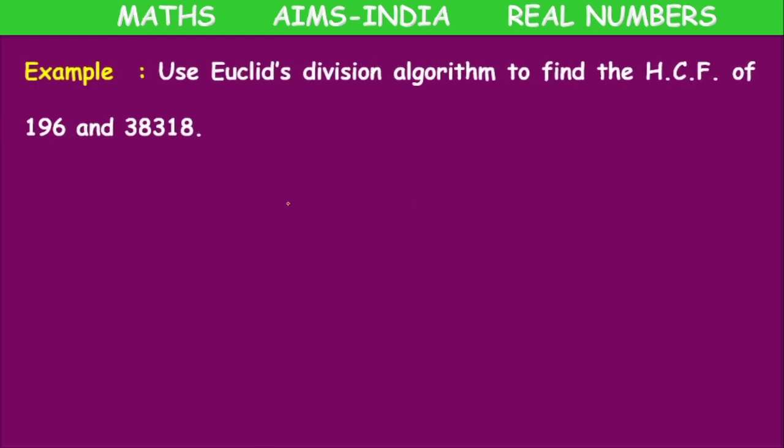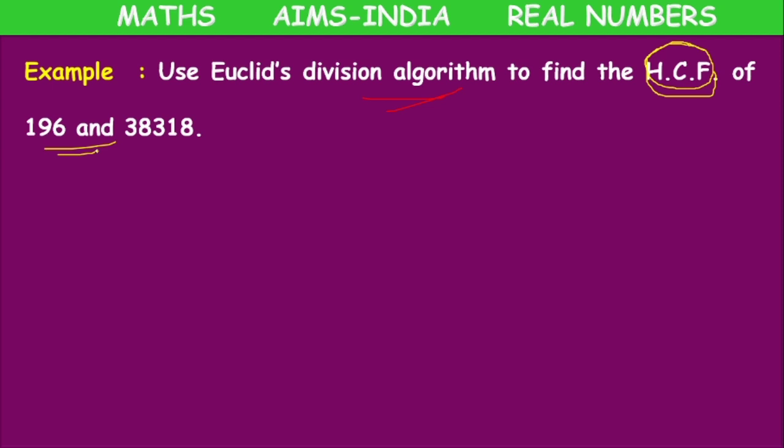So let's see some problems so that you can understand better. The application of this Euclid division algorithm is mainly used to find the HCF of integers. So what is HCF? Highest common factor, which we have learnt in our lower classes, along with least common multiple.